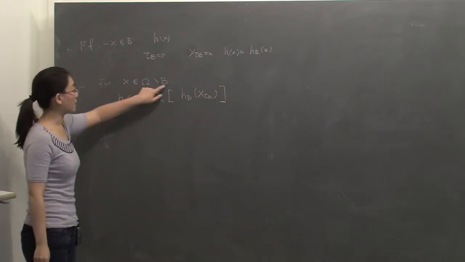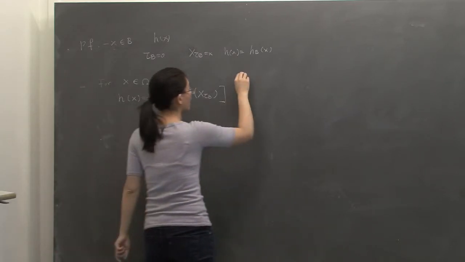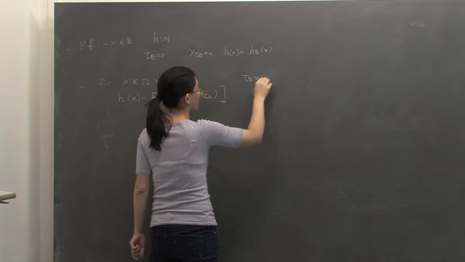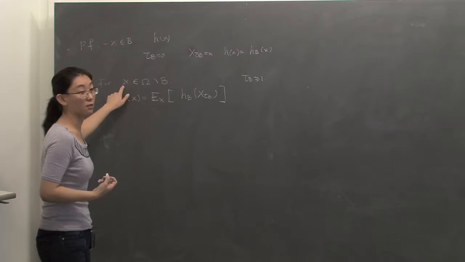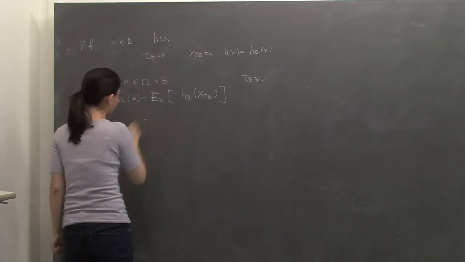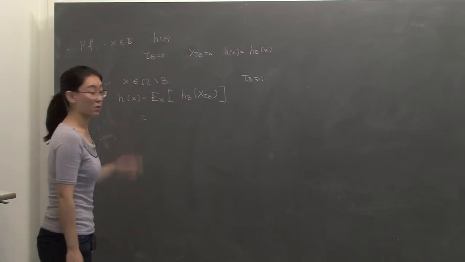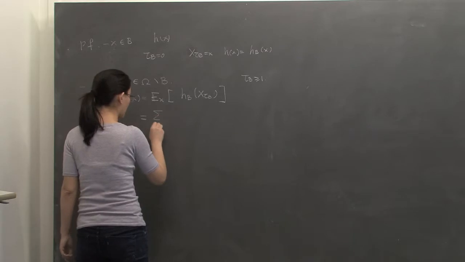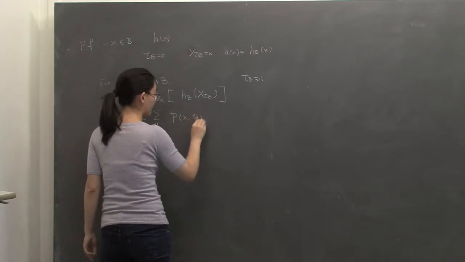Since x is outside B and tau B is the first hitting time of B, we know that it has to be greater than or equal to 1 because we start from a vertex outside B. So at least tau B is 1. And now we divide into different cases for what happens in the first step. So suppose in the first step, we jump from x to y.